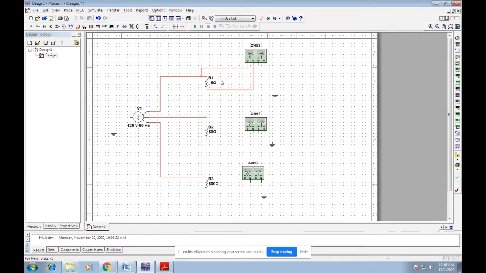Here we are measuring the voltage. Similarly for this one, positive to one end of the resistor, negative to the other end. Similarly for the third one, positive to one end and negative to the other end. This is about the voltage.